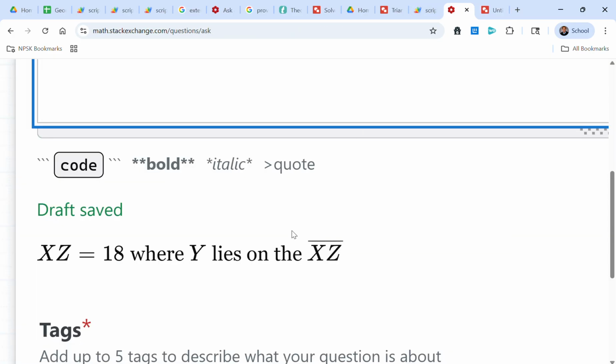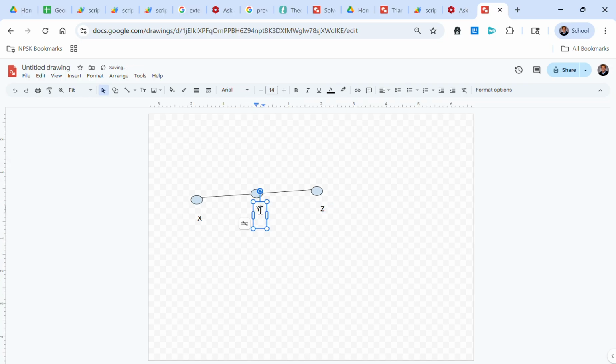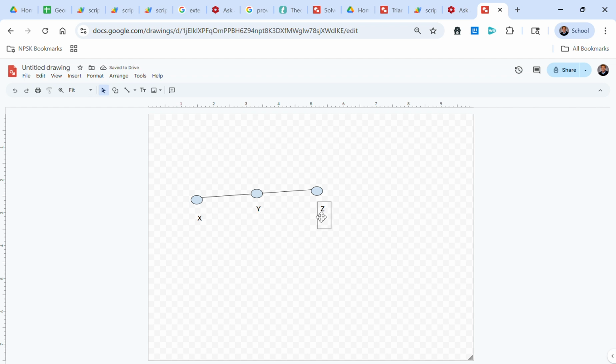And it says that y lies on xz. So y, we know, would be somewhere in here. So let's say y was right here. Then we know that xy plus yz equals xz. So this segment plus this segment equals the entire segment going across.